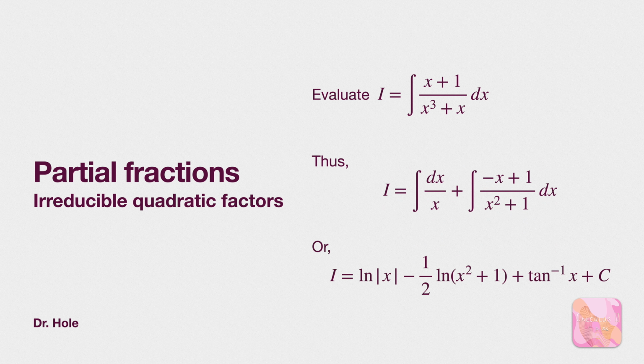And then this will break up into two separate integrals. If we look at negative x over x squared plus 1, we can substitute with u equaling the denominator. We'll find that du is 2x dx to match up with the x in the numerator. And then 1 over the denominator is an elementary integral, arctan of x.